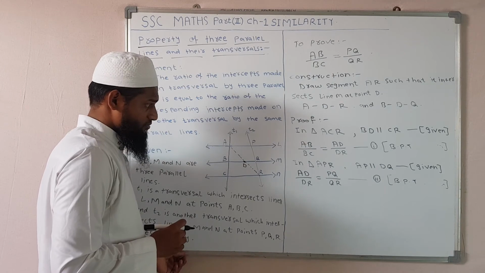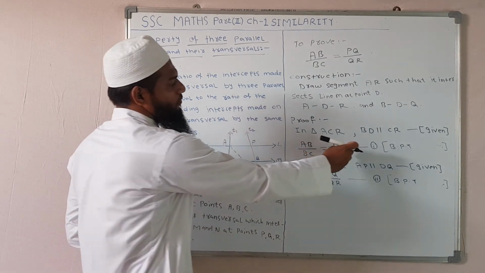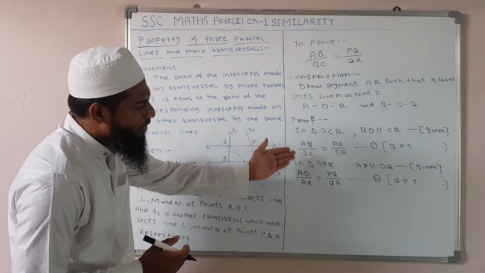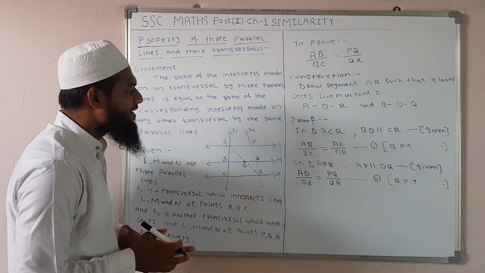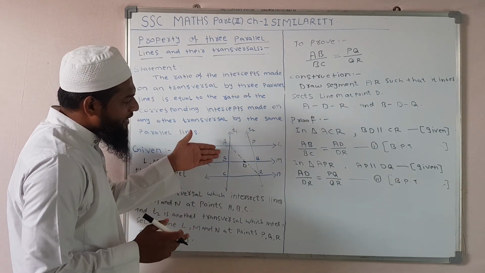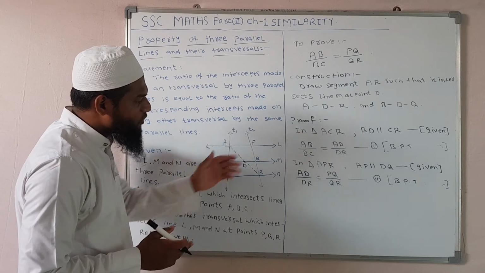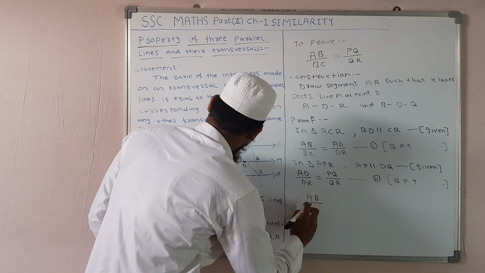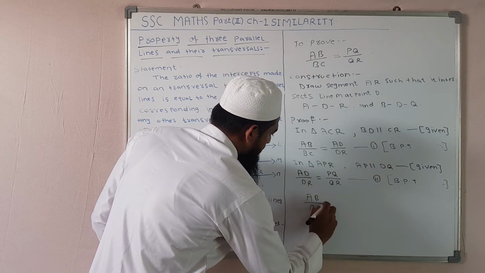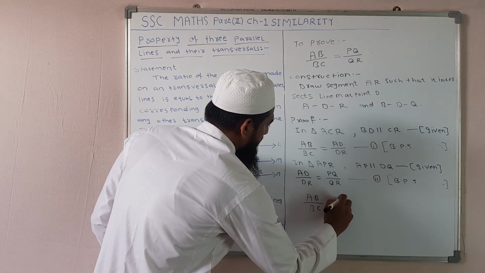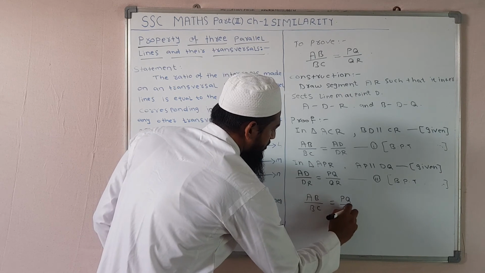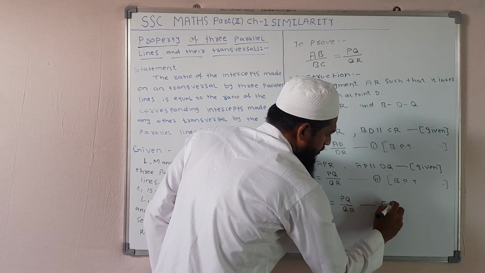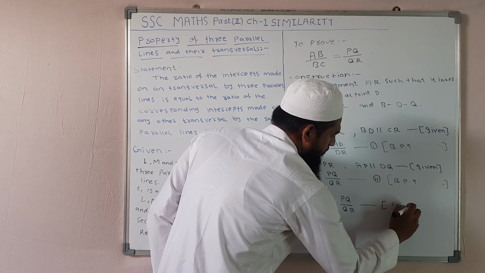Okay. So according to equation number 1 and equation number 2, what can we write? We can write that AB upon BC is equal to PQ upon QR. What is the reason? From 1 and 2.